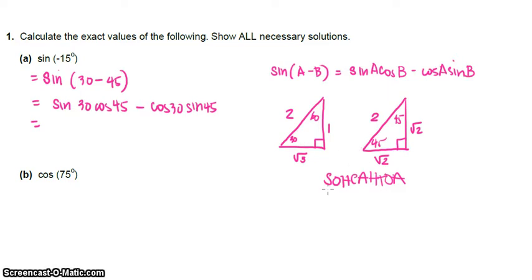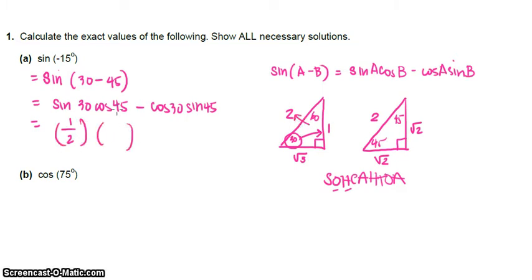Sine means opposite side over the hypotenuse. So sine of 30, with respect to 30, the opposite side is 1, and the hypotenuse is equal to 2.